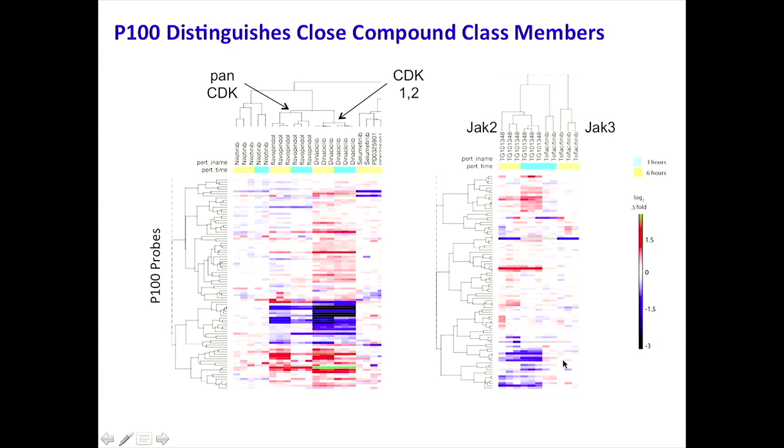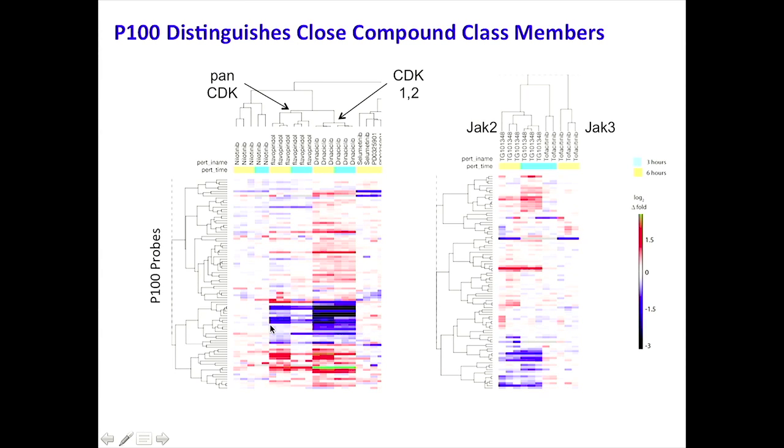And one of the first observations that we had is that the P100 assay can again distinguish between very close compound family members. Here, whether we took a pan cyclin-dependent kinase inhibitor like flavopiridol or a specific CDK1 and 2 inhibitor like dinaciclib, we could see that the signatures they developed could be easily separated using hierarchical clustering.